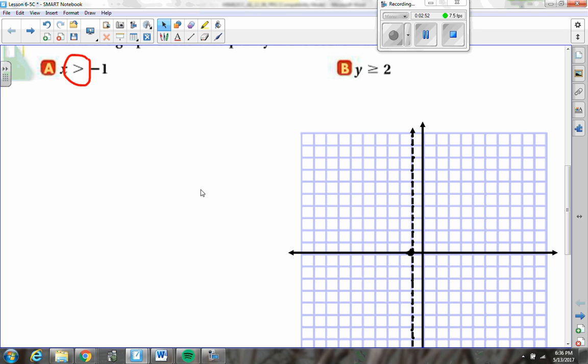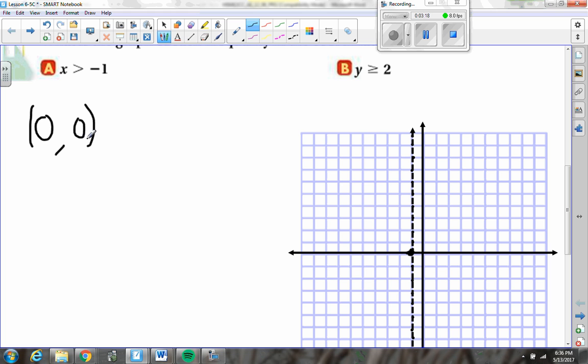Now, in order to check a point, as we have been doing in our first video on this lesson, we take a coordinate point, usually the point 0, 0, and plug it into this inequality. The thing we have to realize is that there is no y variable, so the 0 for y isn't going to go anywhere.